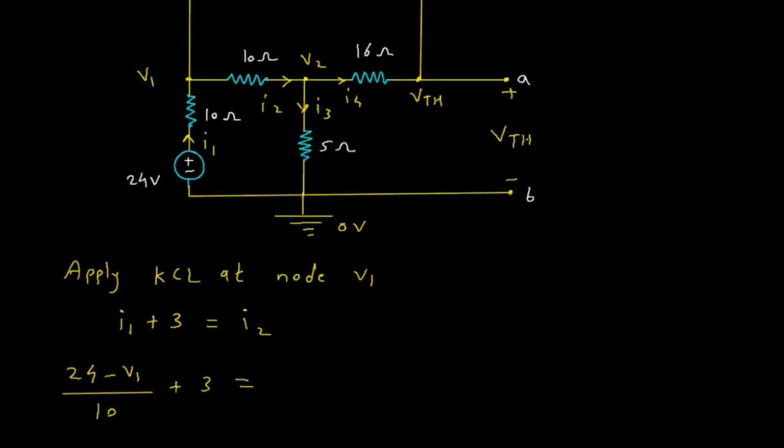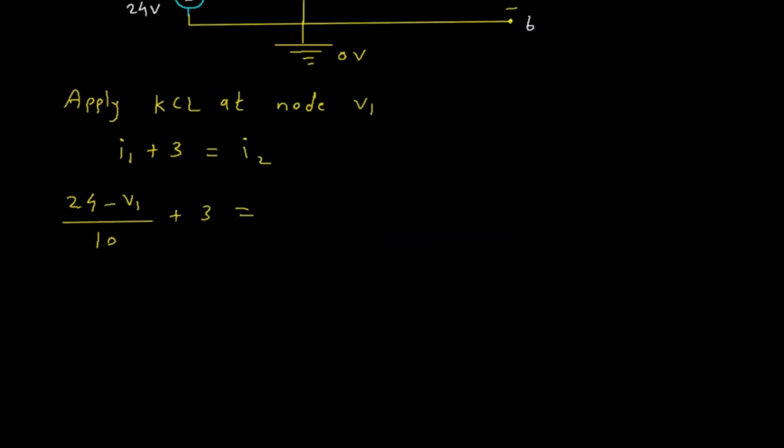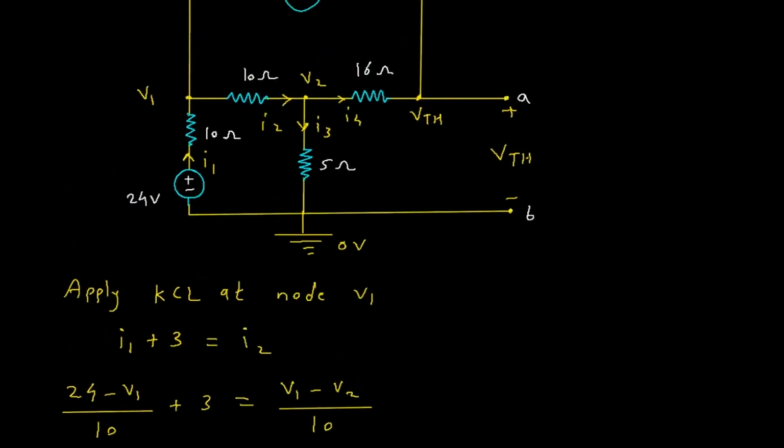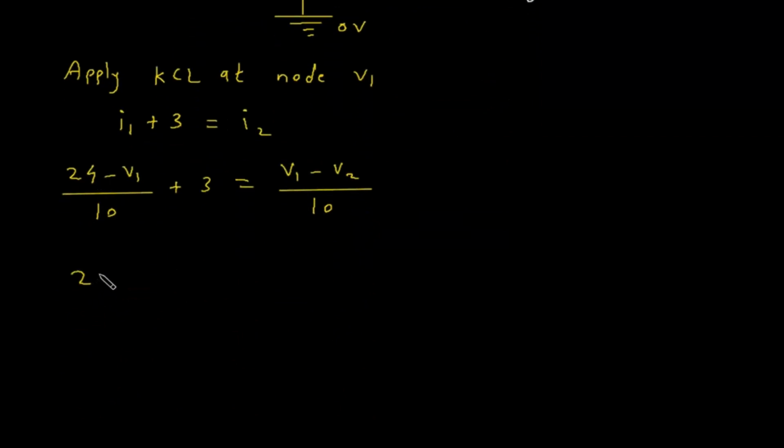I2 is V1 minus V2 by 10. Now this will be 24 divided by 10 minus V1 by 10 plus 3 is equal to V1 by 10 minus V2 by 10.